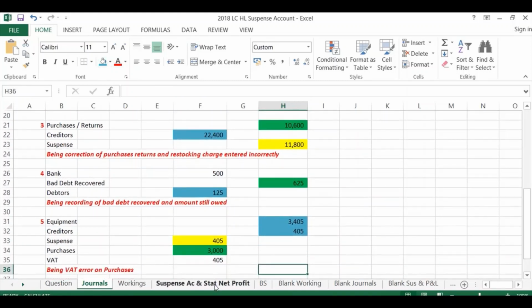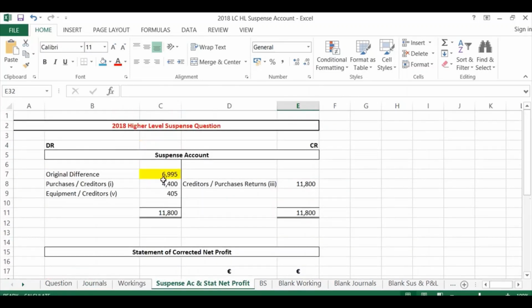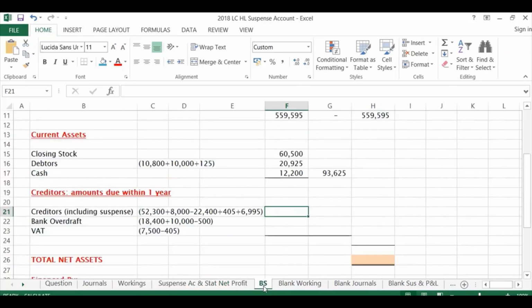Now, also the suspense was included in creditors. So the original difference in suspense was a debit balance. So to fix that, we must have put in a credit balance of 6995. So if we put in the credit balance of 6995 into the creditors account, it's going to increase creditors by 6995. So I'm going to start off with the 52,300 from the original balance sheet.